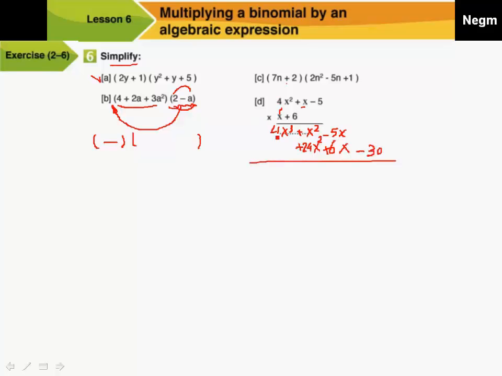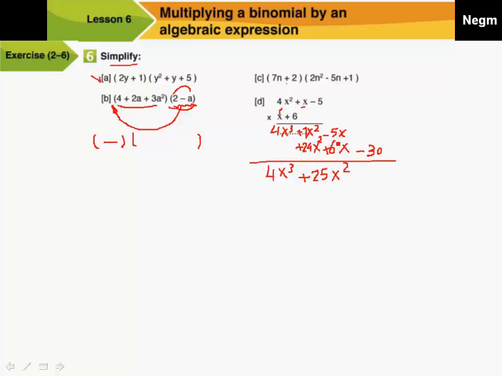This is a multiplication. We have to make a summation. 4x to power 3. And this is the plus x squared, which means 1x squared. 1 plus 24 is 25x squared. Here we have minus 5 and plus 6.